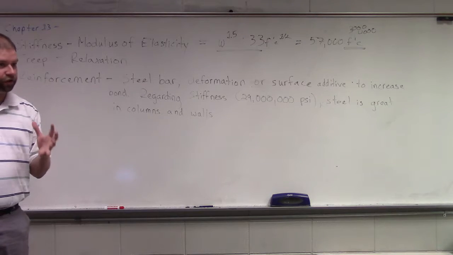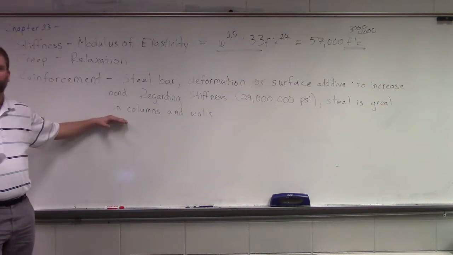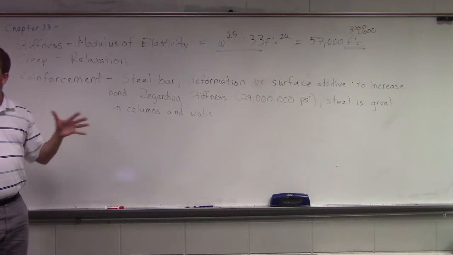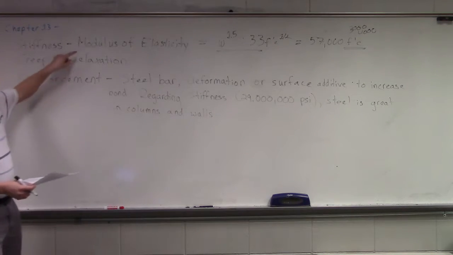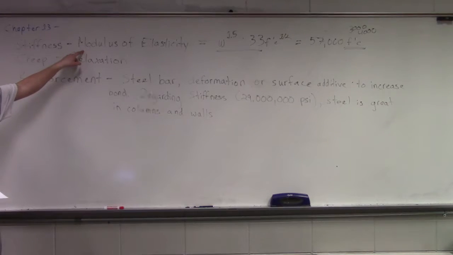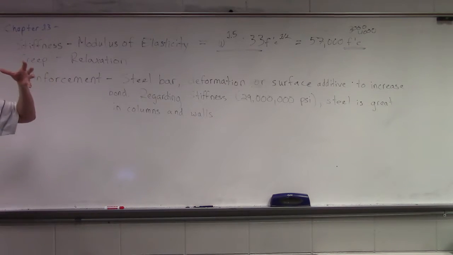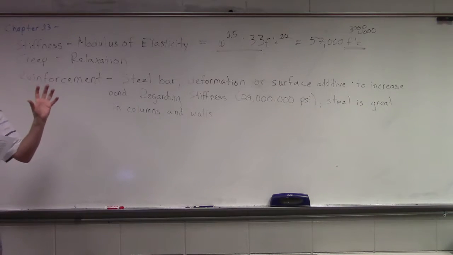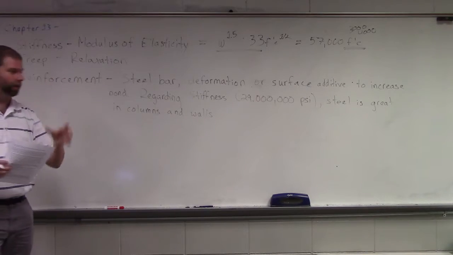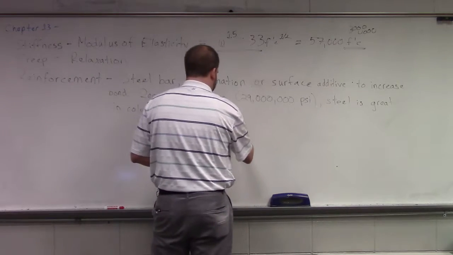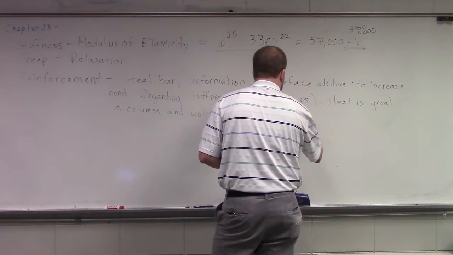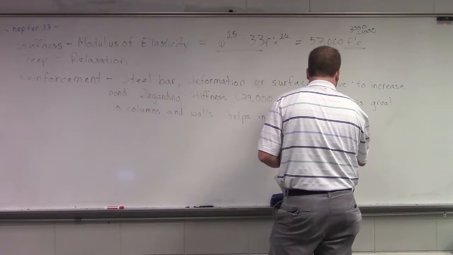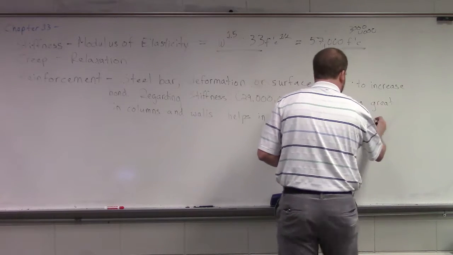We want to trend as small as we can, right, to save on money. So as we make our columns and walls smaller and more slender, they're going to tend to want to buckle. Or if they're in some sort of wind load event or seismic event, they're going to tend to want to twist, so we get into torsion. So this helps in buckling and torsion of our columns and walls.